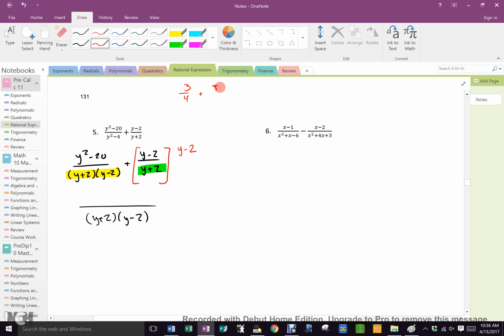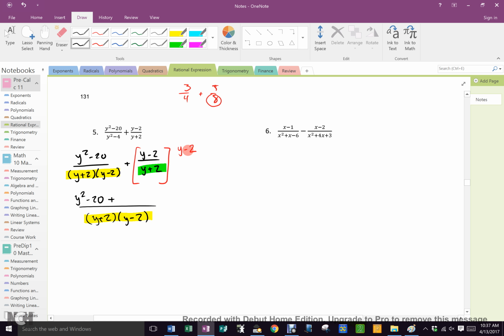3/4 plus 5/8. What's the denominator that you need? 8. So you didn't change this guy because he already had an 8, yes? The denominator we need is this. Yellow's already got it, so I don't change yellow's numerator. Everybody cool? So that stays. Y squared minus 20.